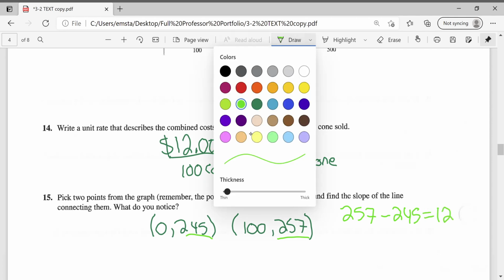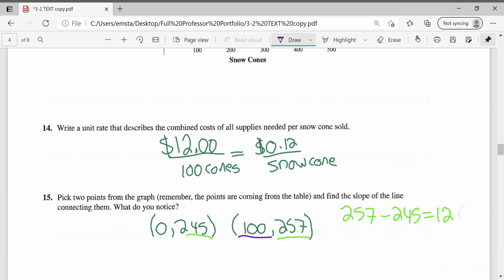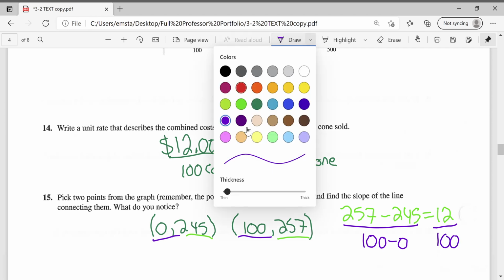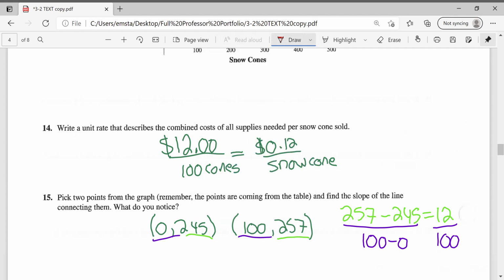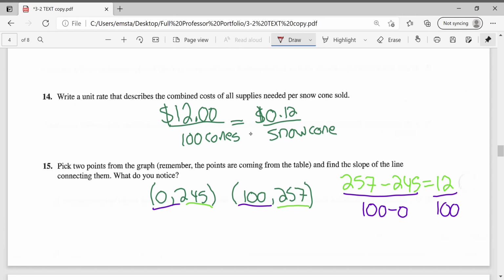In the same order then, subtract your x values. 100 minus 0. And then divide that out. Take 12 divided by 100, and you should see a number you recognize. You should get the 0.12 again. So whichever way we do it, we get that it costs 12 cents per snow cone.